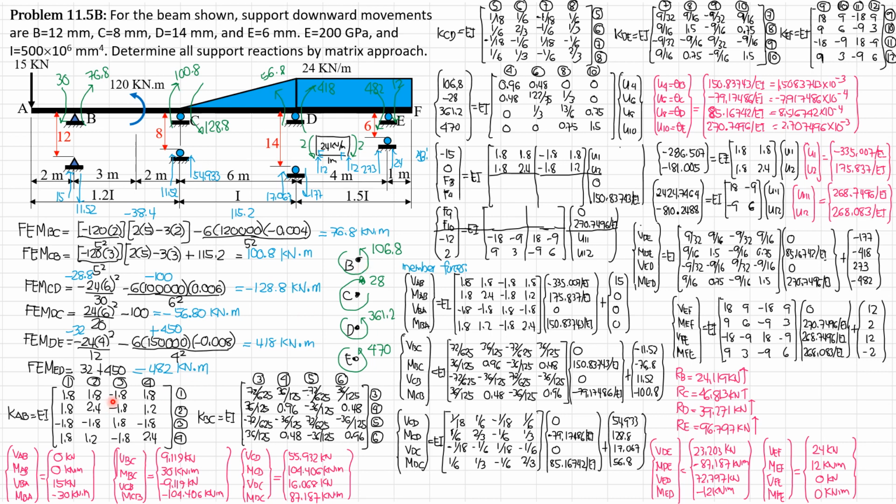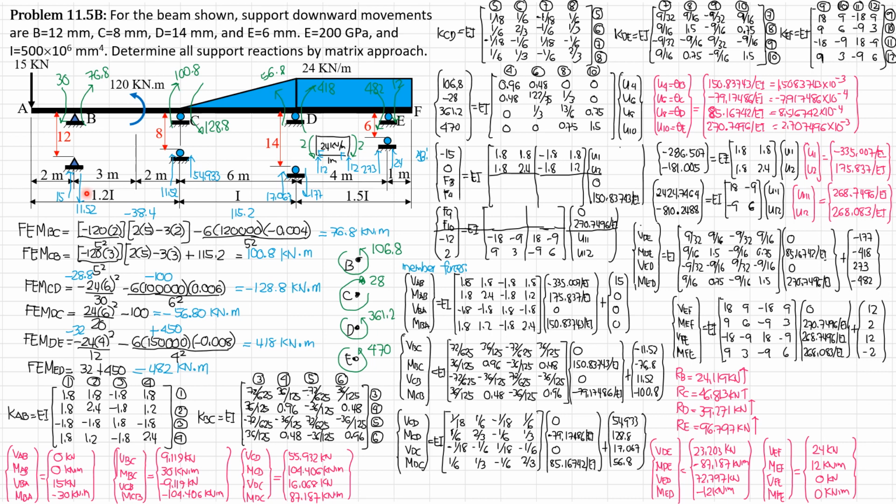Then we have to prepare the stiffness, because we also need the displacements at A, so we need to prepare everything. Stiffness of AB, 12 EI, which is 1.2.